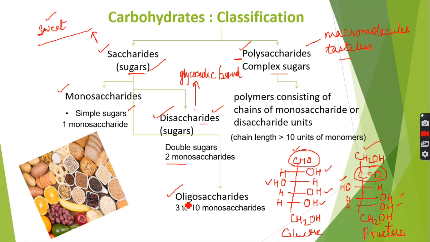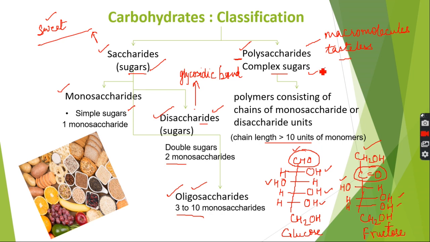Likewise, oligosaccharides are 3 to 10 monosaccharide units joined together. It can be the same units or different units, but from 3 up to 10, if they are joined with each other through glycosidic linkage, then they are said to be oligosaccharides. However, if the chain length increases to more than 10 units, then we consider it a polysaccharide.